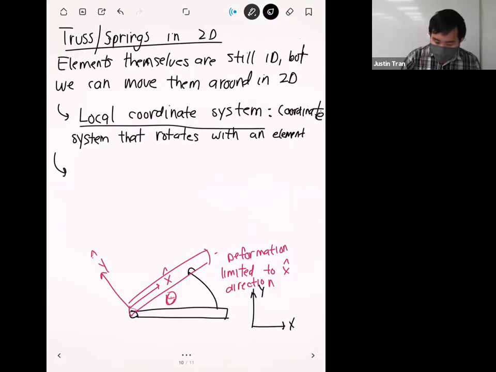Right, and so the local coordinate system, I'll give those a hat. And so I'll put a hat like that, okay? All right, and so the other coordinate system that I want you to keep in mind is what I call the stationary coordinate system.